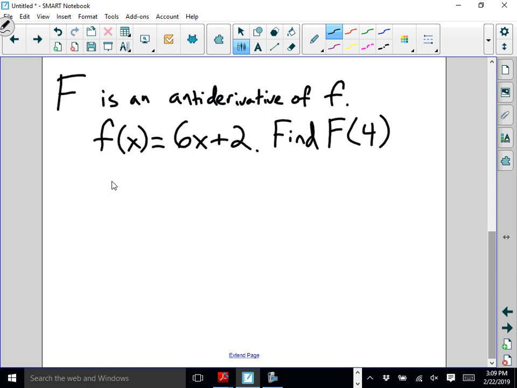Depending on what c is, I don't know what F of 4 is going to be. So in order to solve this problem, I need to know another point on capital F. So I'm going to say, given capital F of 1 equals 7. So there's another point on capital F, so we will be able to solve this.